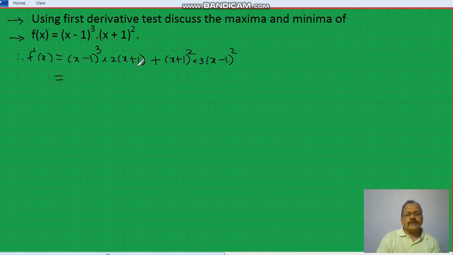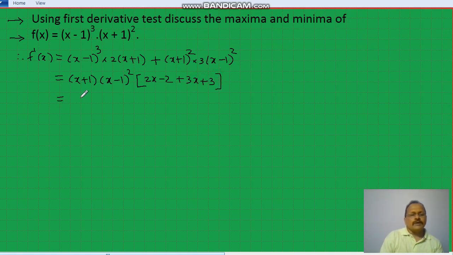Taking (x plus 1) into (x minus 1) square common, inside the bracket there will remain 2x minus 2 here, and here 3 into (x plus 1), that is plus 3x plus 3.